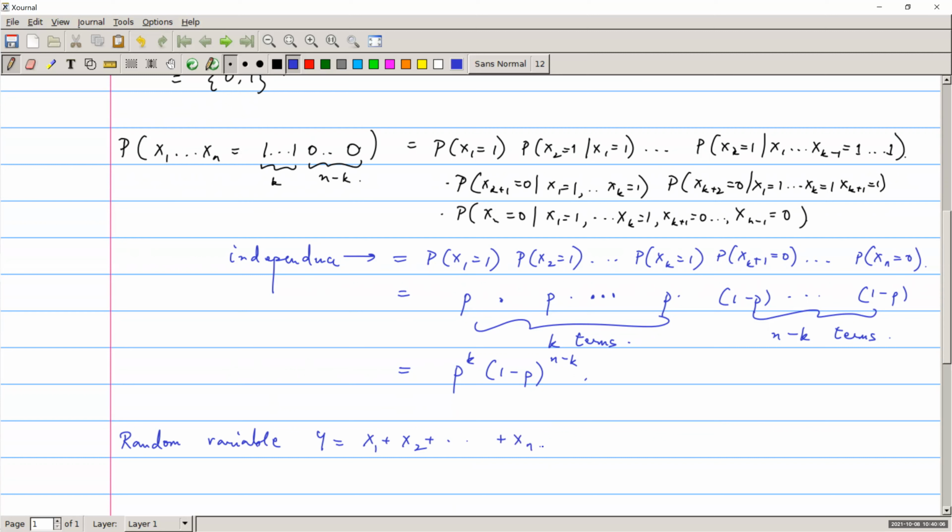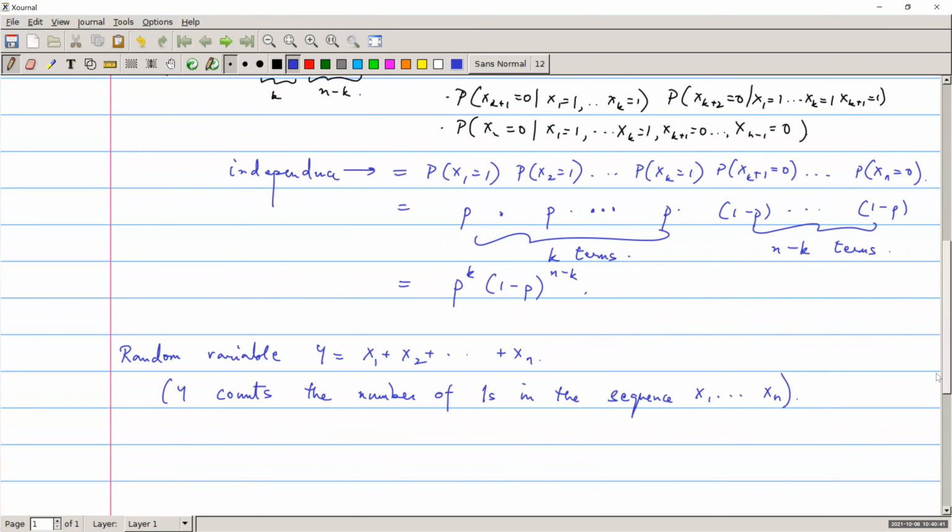In effect, if you take a sequence with exactly k ones and n minus k zeros, y will turn out to be 1 plus 1 plus 1 k times, and the rest of them are zeros, so they don't add anything to the sum. So y counts the number of ones in the sequence x1 through xn.